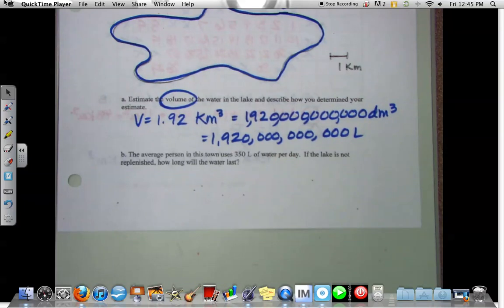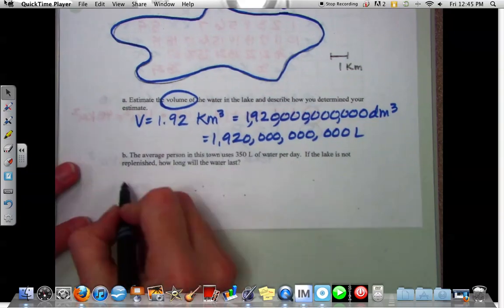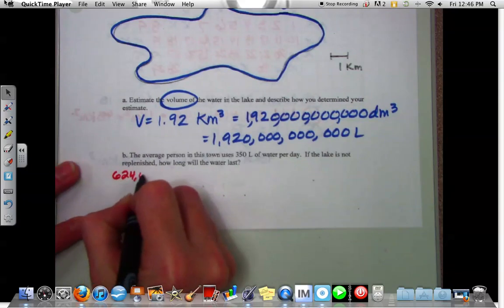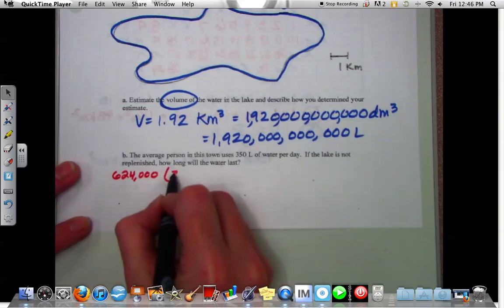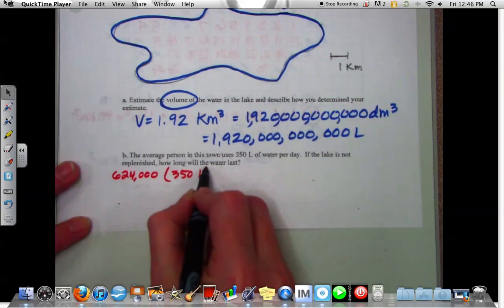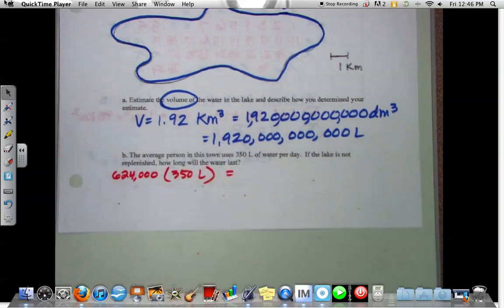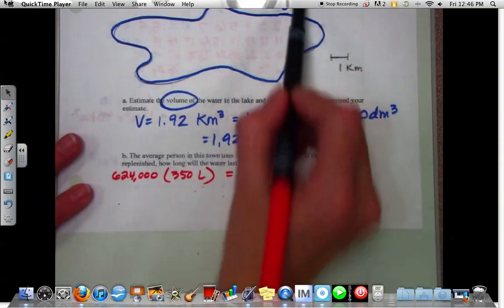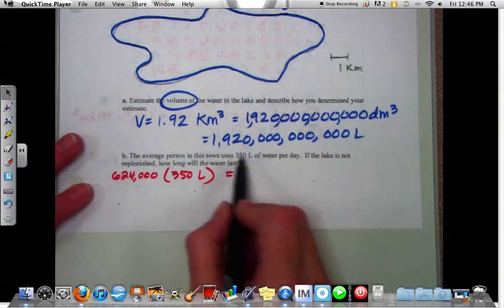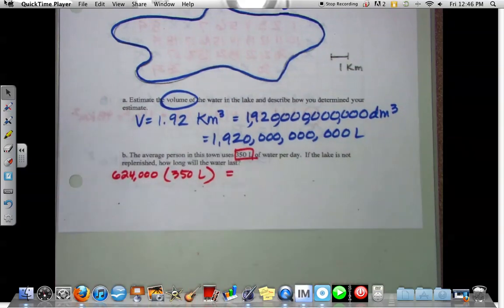The average person in this town uses 350 liters of water per day. So how much water are they using altogether? 624,000 times 350. Yep. 624,000 people are using 350 liters of water per day.